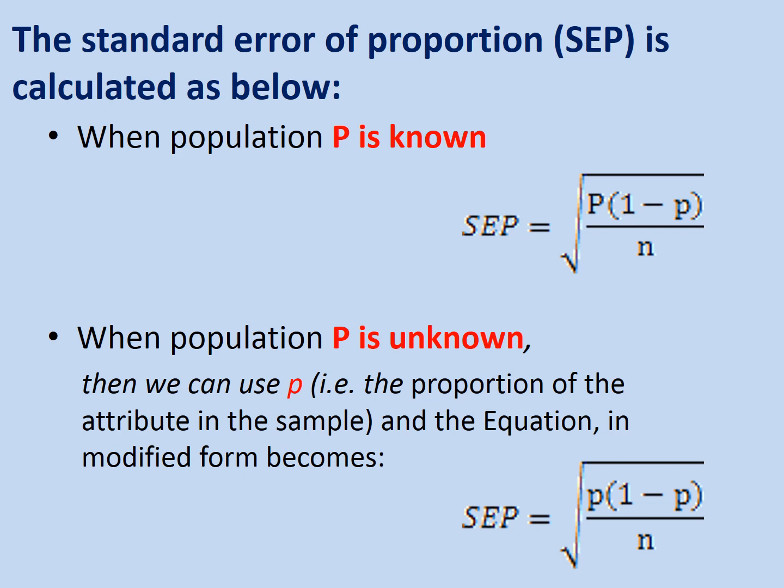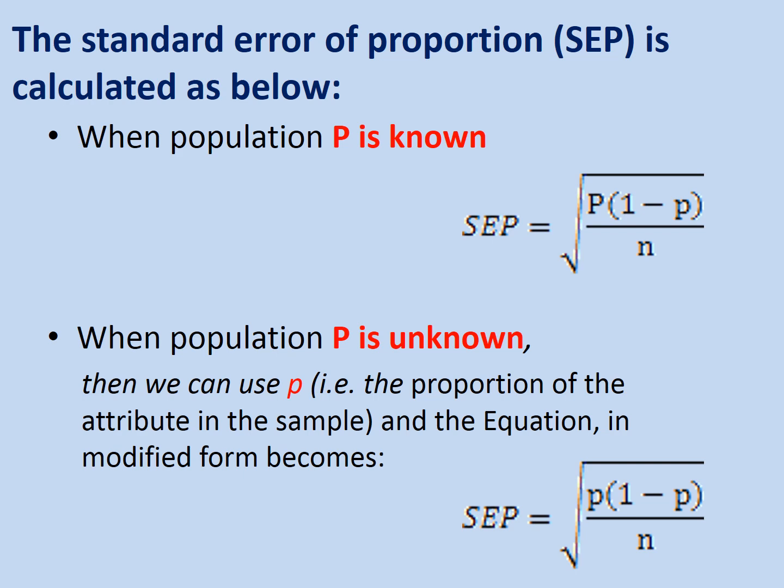Likewise here also, first we will see the formula when the population P is known. When the population P is known, the standard error of proportion is equal to the square root of P, the probability of the particular attribute, into the bracket 1 minus that probability, divided by N. N stands for the sample size.